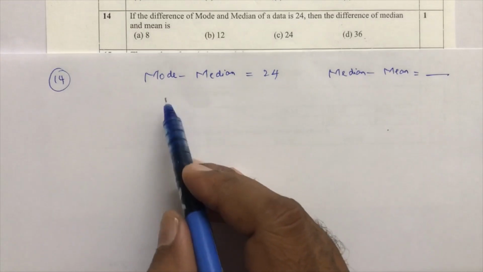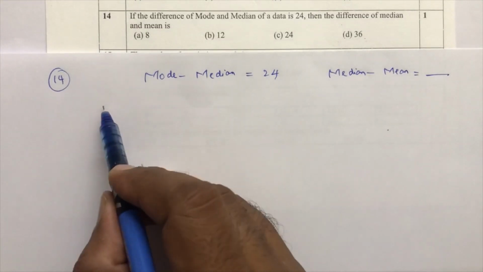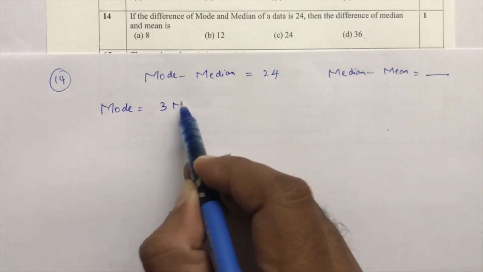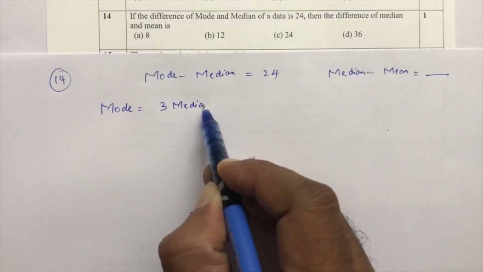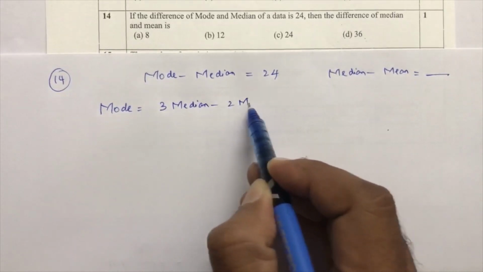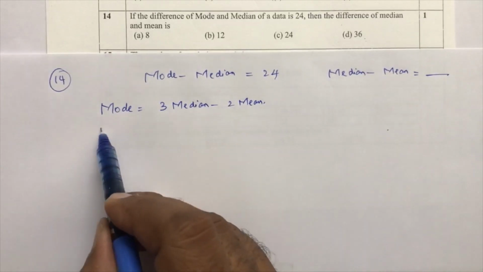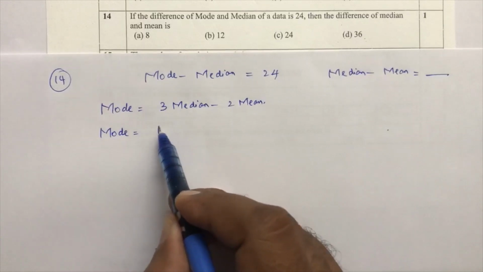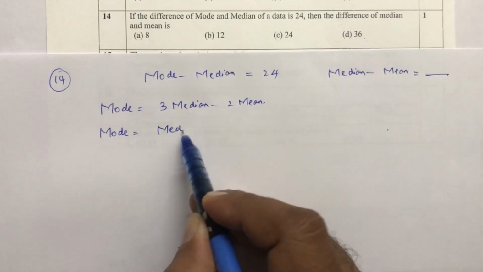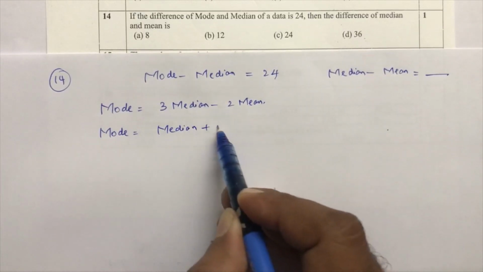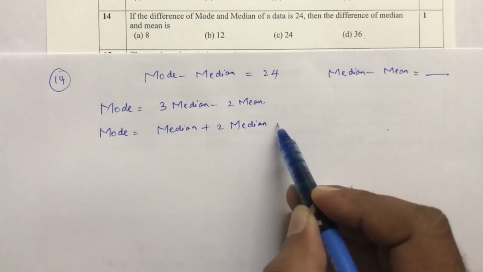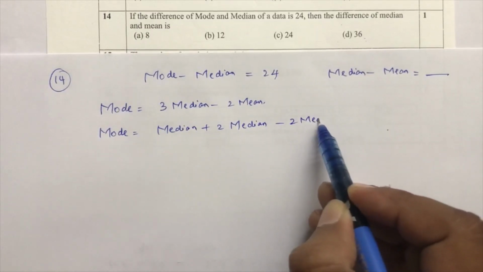So we know the relationship between mean, median and mode is mode equals 3 median minus 2 mean. Now see here, I can write this as mode equals 1 median plus 2 median, because anyhow it's 3 median minus 2 mean.